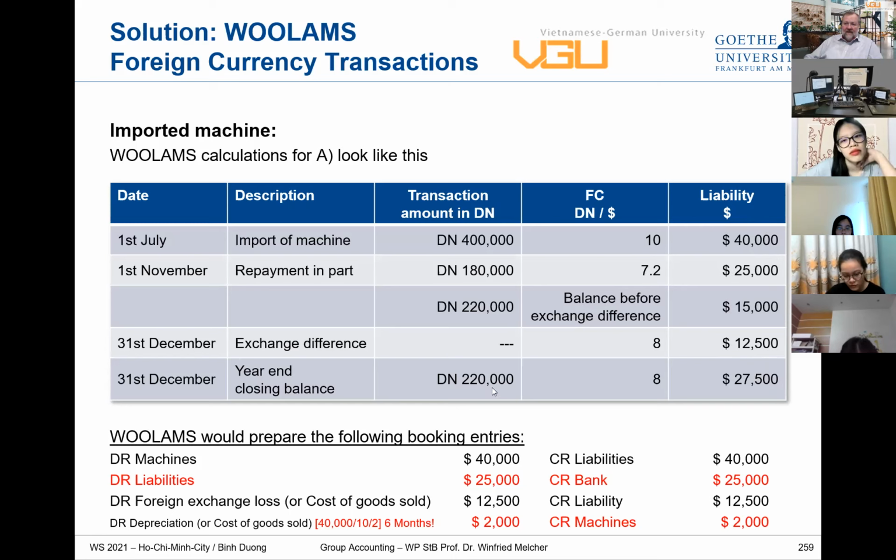Well, when we take the actual dinar, because that is what the company will have to pay to the supplier of the machine, and we translate that at the closing rate, we have a liability of 27,500, which is higher than what is in the books.